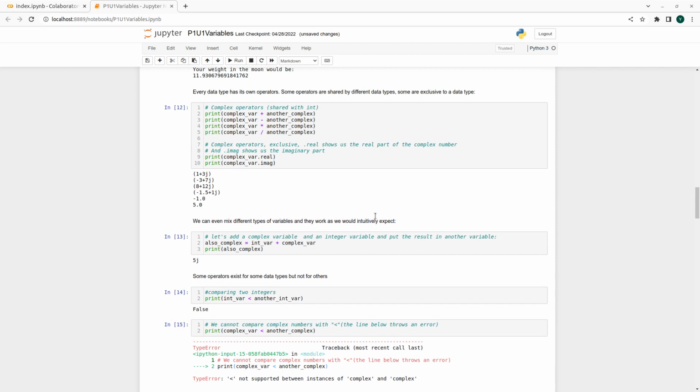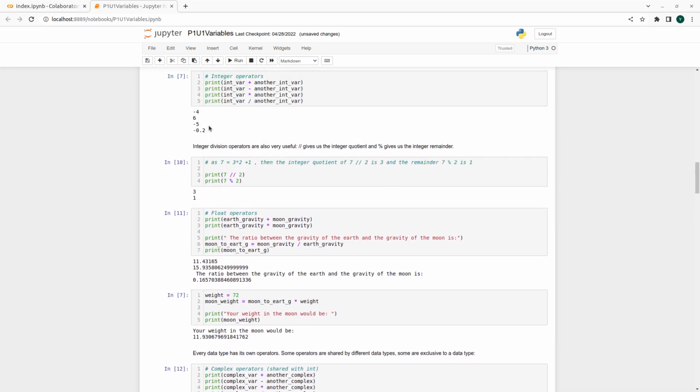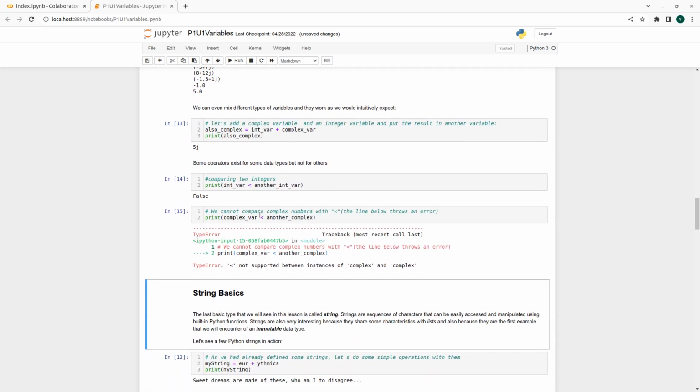If I'm doing something that receives integers but results in a float variable, I have to be aware of that, for example, when I divide these two integer variables here and end up with a float. I also have to know what operators can and cannot be used with my data. In all of these respects, Python uses pretty logical rules that we are used to from our mathematics knowledge.